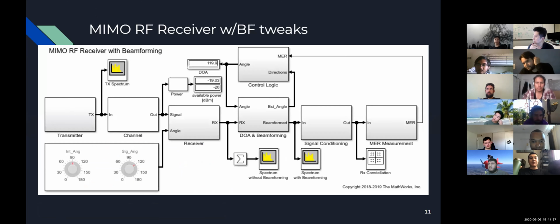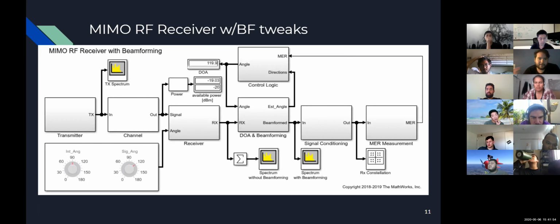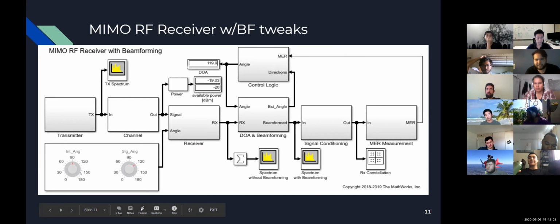This is the example that I kind of touched on last time. I couldn't get into it last time because I didn't know how to download it, but this time I went into it and I tried messing around with it, and I saw the angle on the left when it's at 90 degrees.